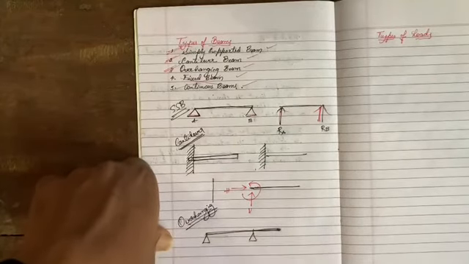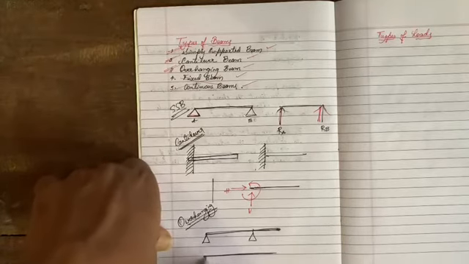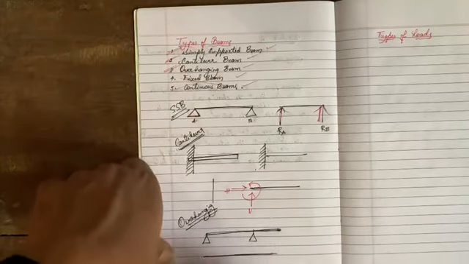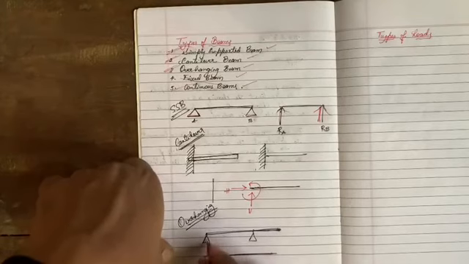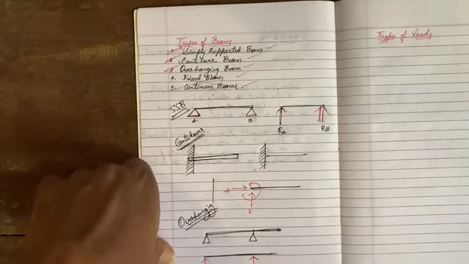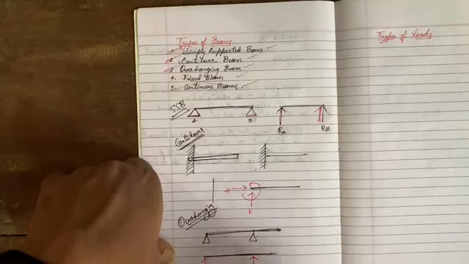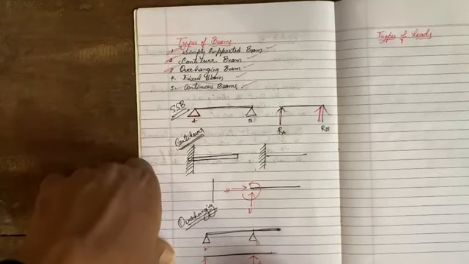So if there is a beam, again simply supported, then this can be the type of reaction that generates at A and at B, that is RA and RB.